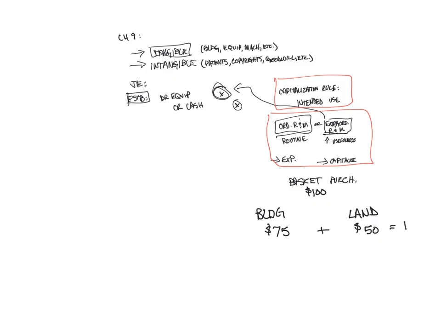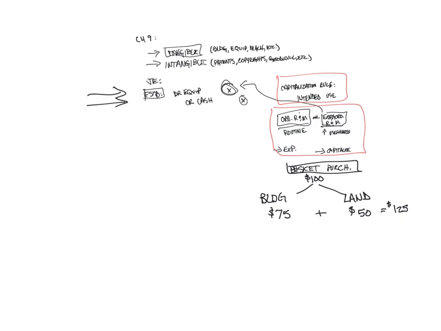Combined, these equal $125,000. So obviously they're not the same value that we're buying it for the combined price, but you're going to get a discount if you buy them together. In other words, you're completing this basket purchase, so they give you a discount. What we want to do is associate the $100,000, that's all we're paying, between the building and the land costs. We need to know how much we debit land for and how much we debit building for.